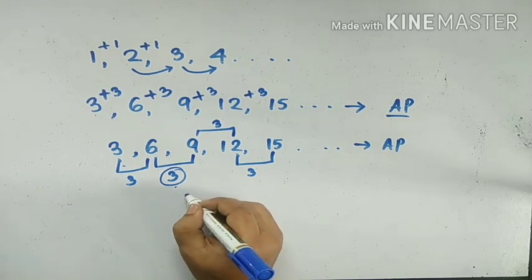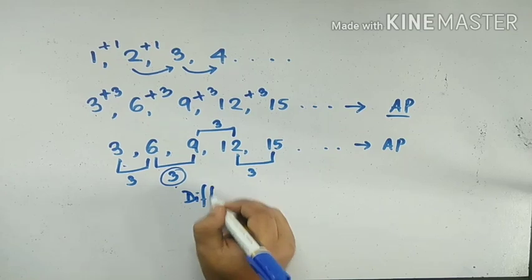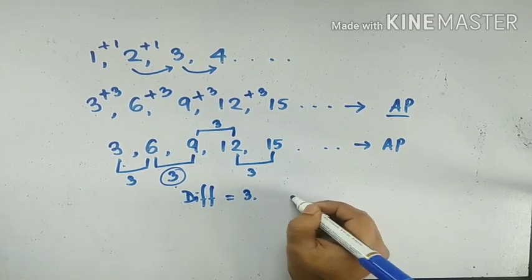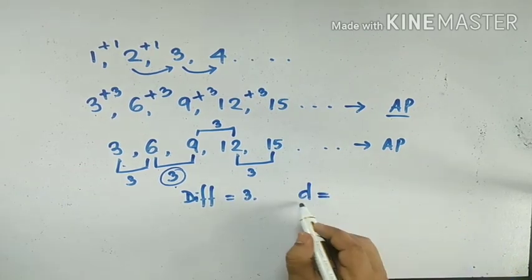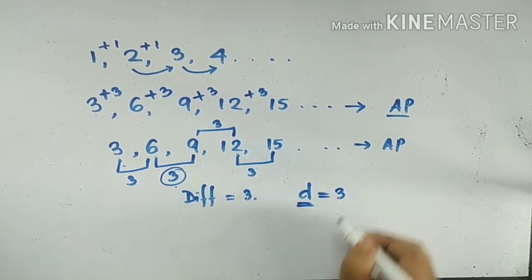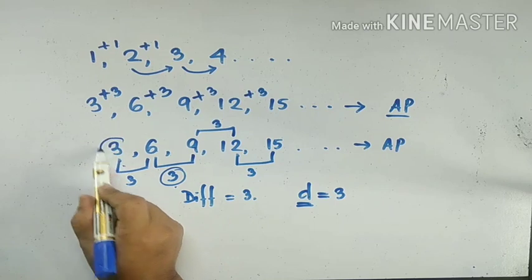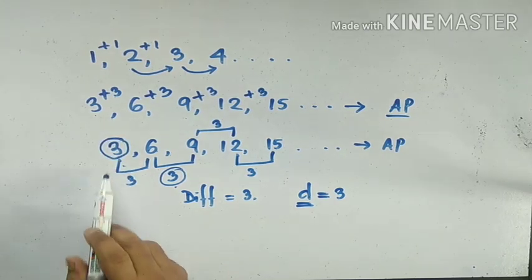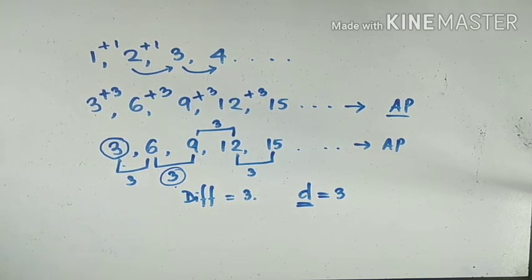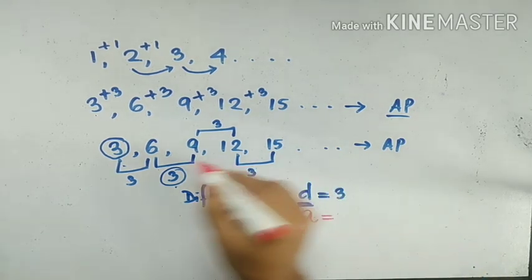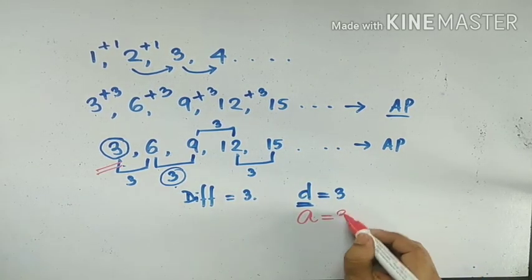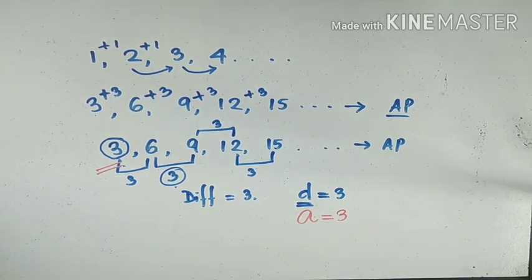Now the difference is 3 between two consecutive numbers, which we can denote by D, the common difference. And what about 3? This is the first term, so we can denote it by A. So in this arithmetic progression, A is 3 and D is 3.